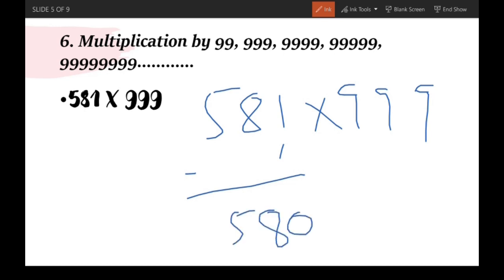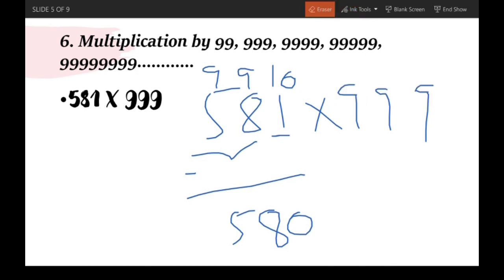Now what are we going to do? The next step: here we are going to write 9 9 10, all numbers 9 and the last number 10, and we are going to subtract. I'll erase this one so that you won't be confused. We subtract 581 from 9 9 10, all numbers with 9 and the last number with 10.